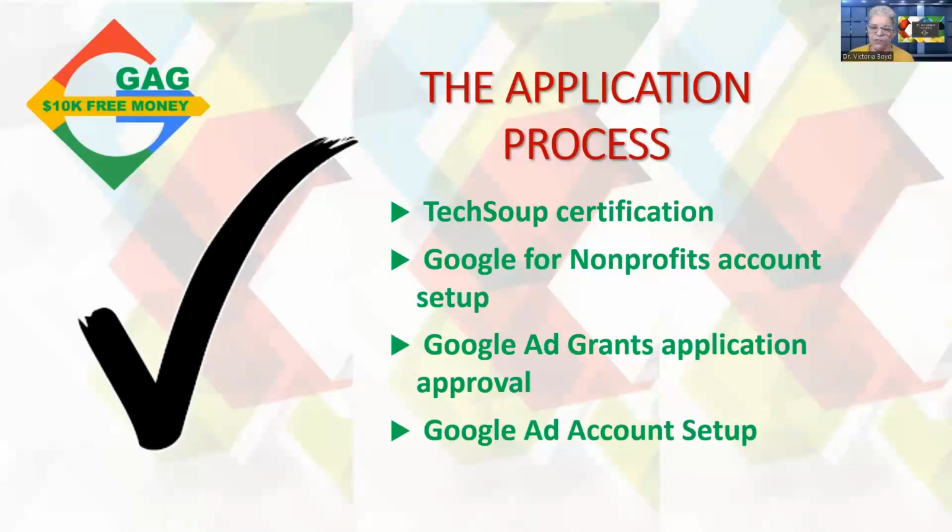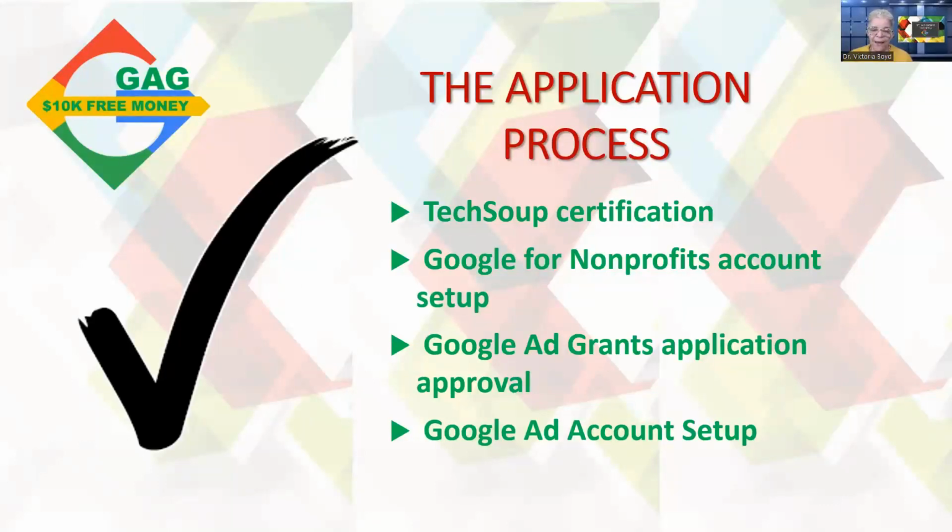That certification usually comes back within a day or two, if not immediately. Then you sign up for the Google for Nonprofits account and you set it up. Google has its own system for nonprofits, so you want to create an account in Google for Nonprofits.